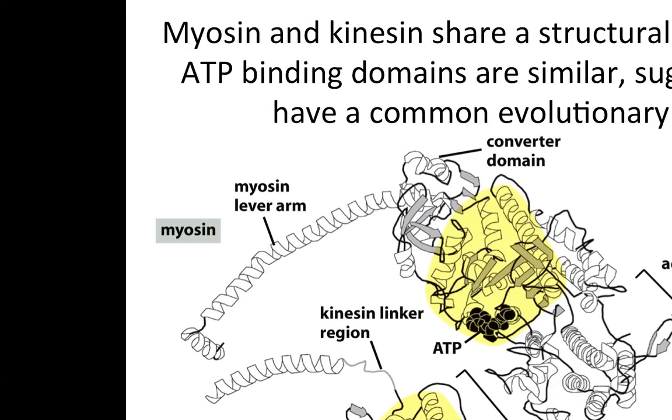With all of these, when you have nucleotide hydrolysis, you get a conformational change, right? You guys believe me when I say that? Remember we talked about how the size of ATP and the size of ADP are kind of different? That affects the shape of the protein and its function. In myosin and kinesin, that's affecting the swinging out of the head domains and the movement of those motor proteins.